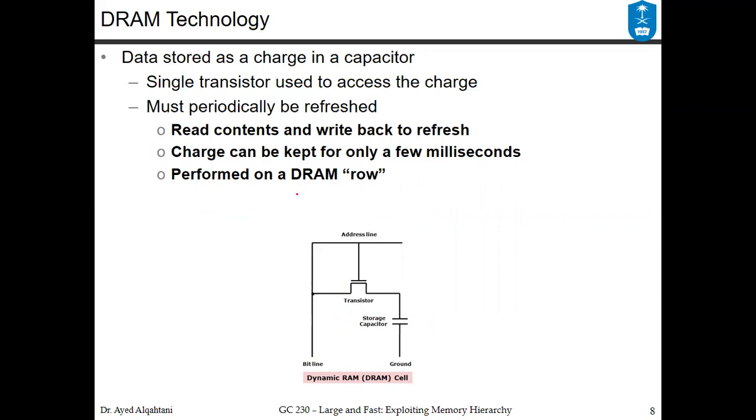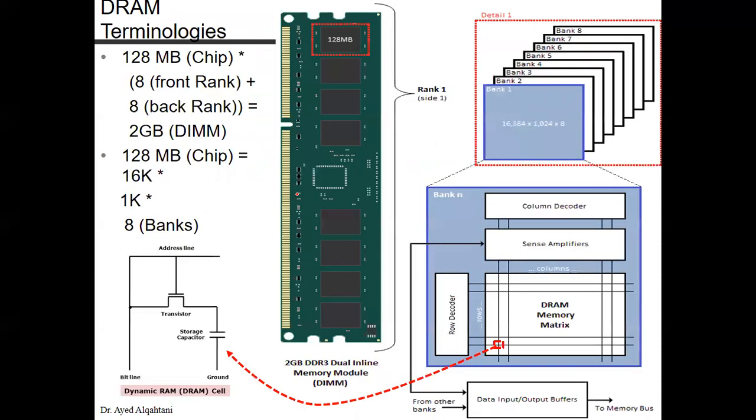This is also true for the SRAM. So let's have a look at this module. This module is called Dual Inline Memory Module, DIMM, and it happens to have 2 GB DDR3 technology. And if you look here, you will see that this is rank 1 or side 1.